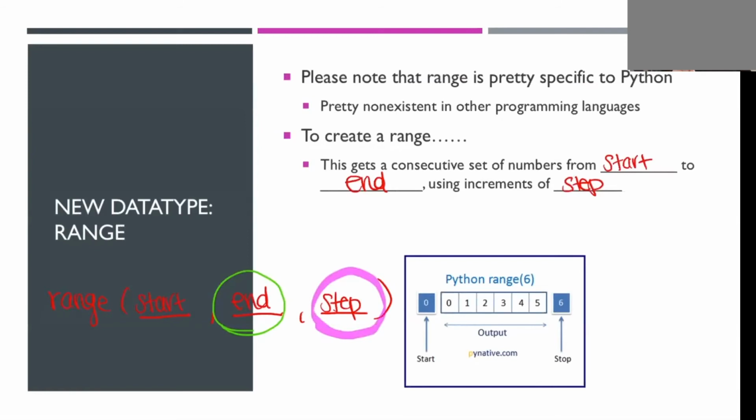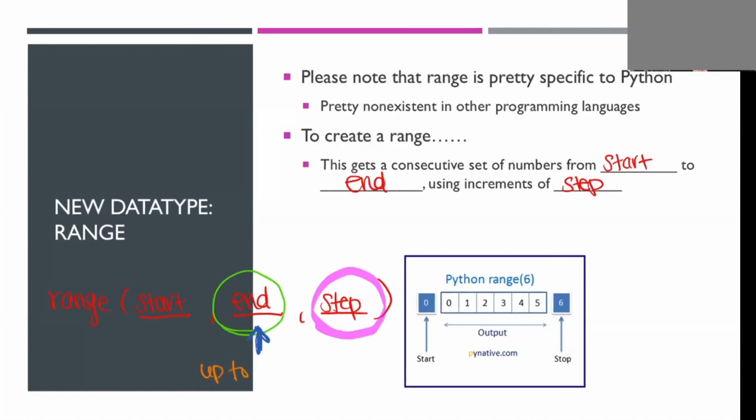When you have a starting number, that's the beginning of your range. The end, however, is not actually the very last number of your range. This end represents, so you want to get up to, can you see that? It might be a little bit difficult to see. Let me change to a different color.